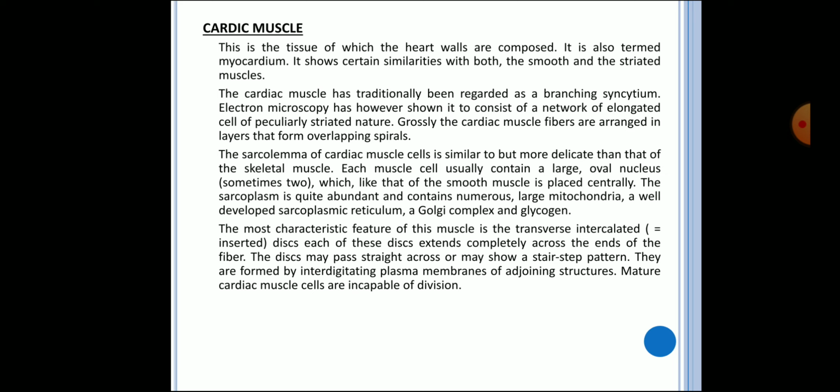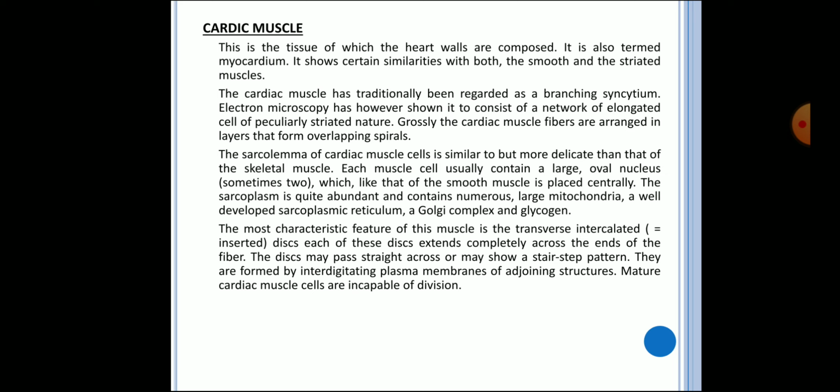The fibers are separated by strands of loose connective tissue, or endomysium, through which blood vessels, lymph capillaries and nerve fibers pass. The sarcolemma of cardiac muscle cells is similar to, but more delicate than, that of skeletal muscle.